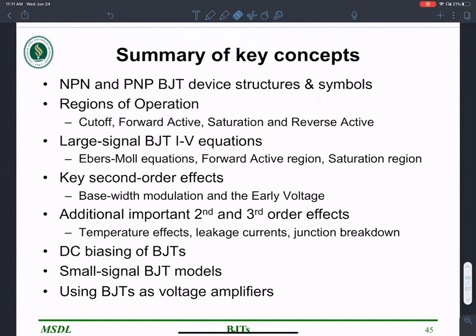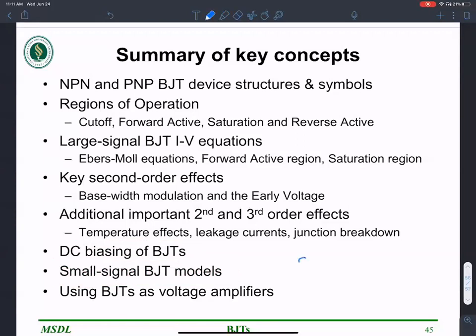We looked at some of the higher order effects, the base width modulation, lambda, and other second order effects, which are mostly inherited from the diode. And then we looked at the DC biasing of BJT circuits and the small signal analysis of BJT models, using BJTs as voltage amplifiers.